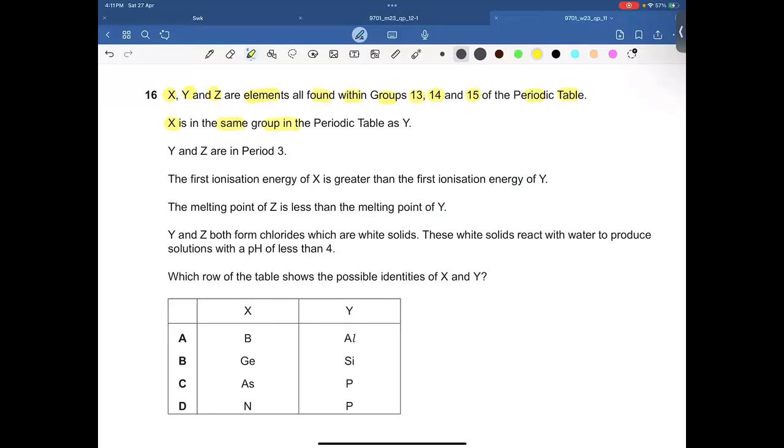X is in the same group of the periodic table as Y. So both X and Y are in the same group. This is the first proof.